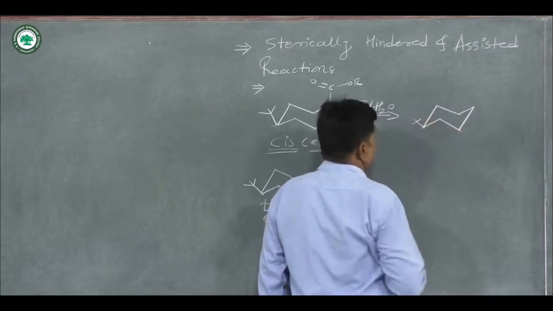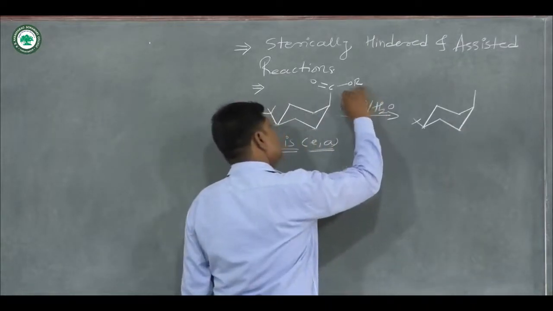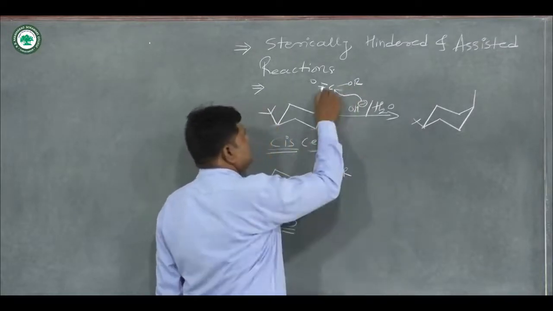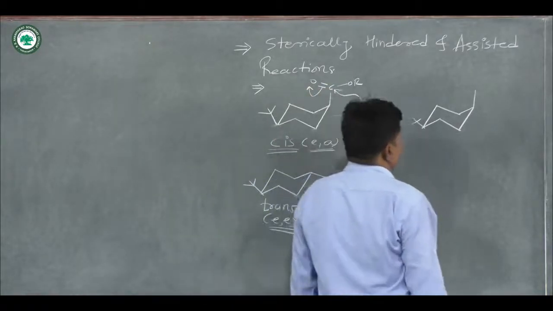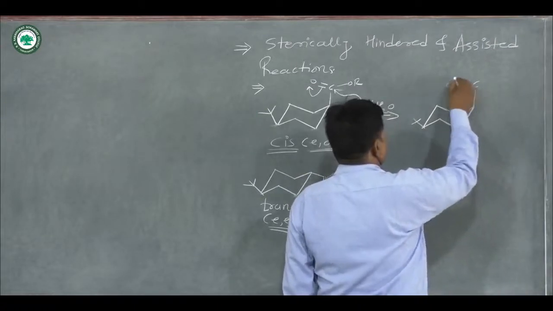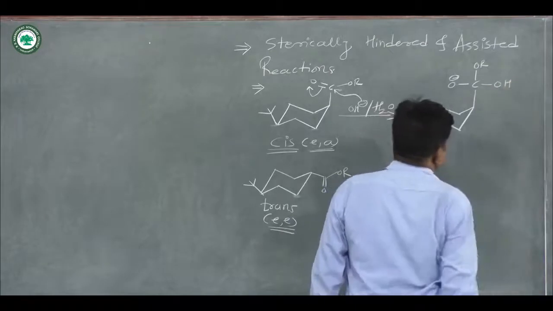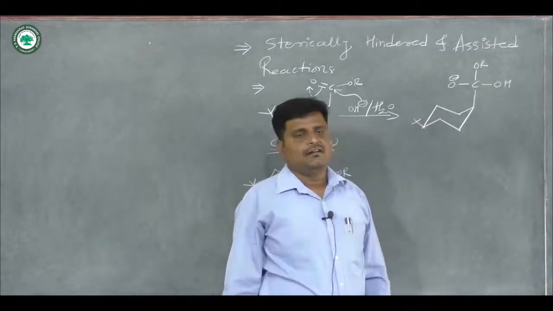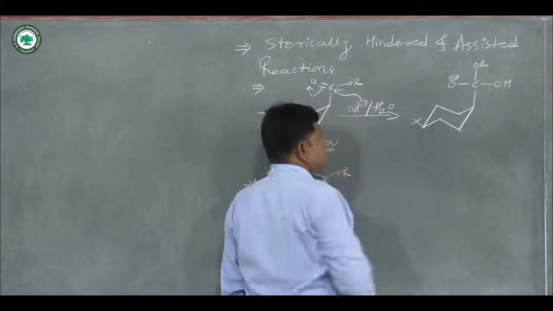Suppose this nucleophile attacks this carbonyl carbon, the pi bond is broken, and we get an intermediate having O minus, OR, and OH, which is the product of the first step.